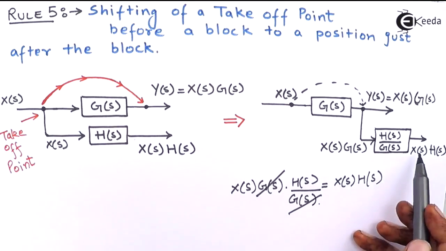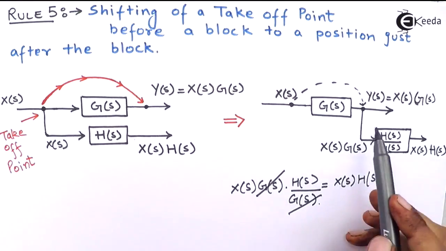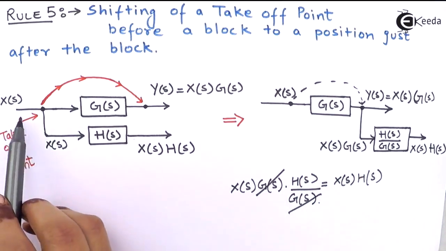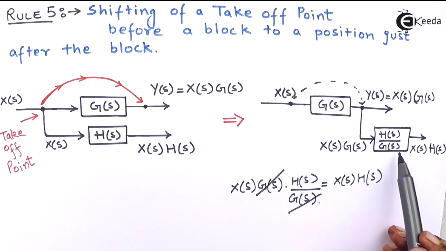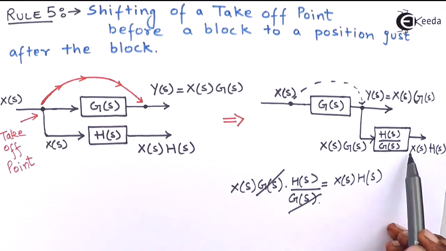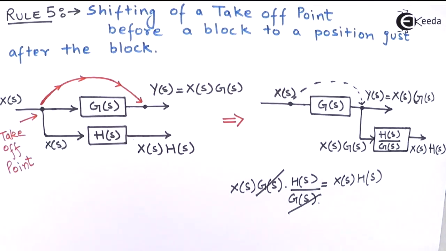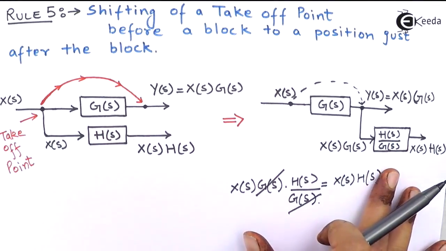So there is no effect on the output of this block. You can shift the takeoff point from before to after the block, but you have to divide H(s) by G(s). You can use this rule whenever you are using the block diagram reduction technique to determine the transfer function. You just divide H(s) by the transfer function G(s).